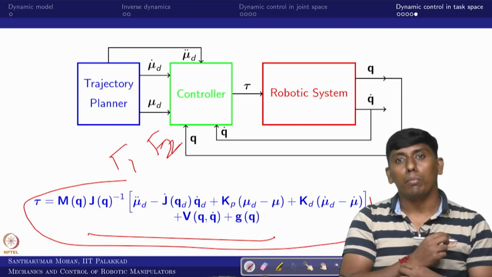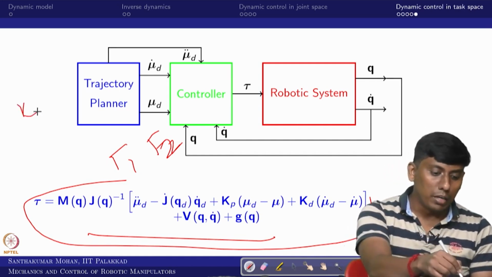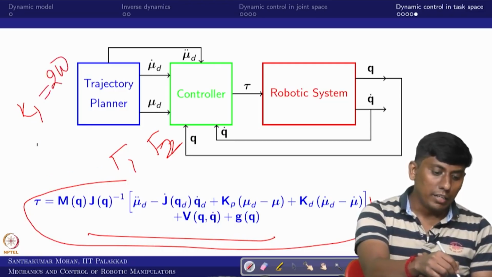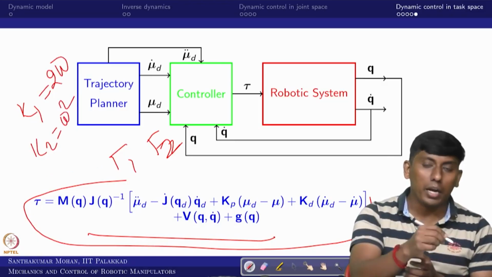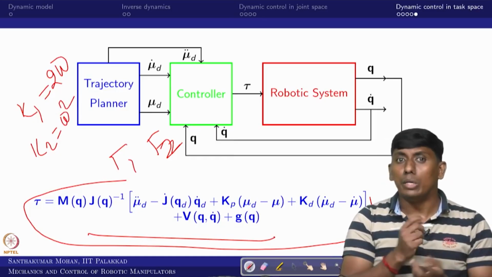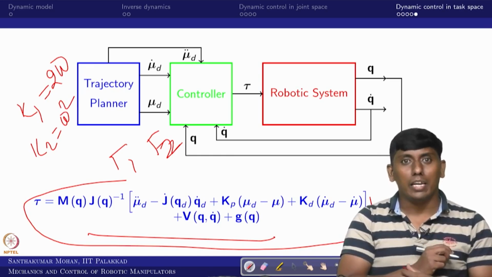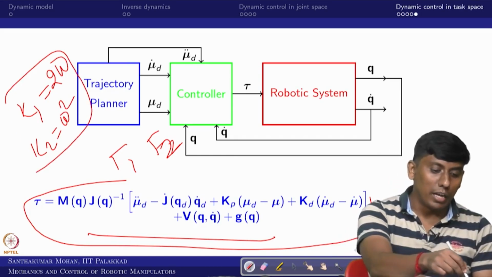If you want a critically damped system, then we can take K1 as 2 omega and K2 as omega squared, where omega is your natural frequency. It is critically damped, so it won't have any oscillation, but this is the way we can take it.